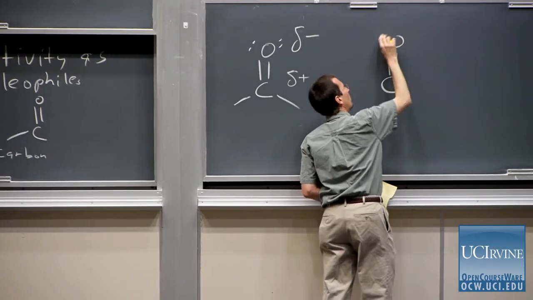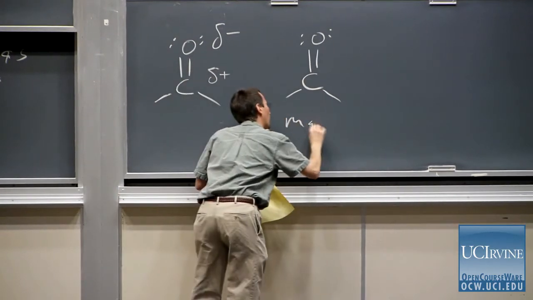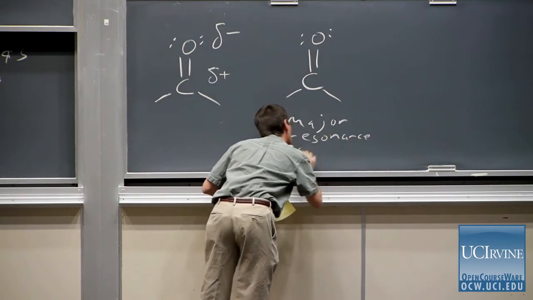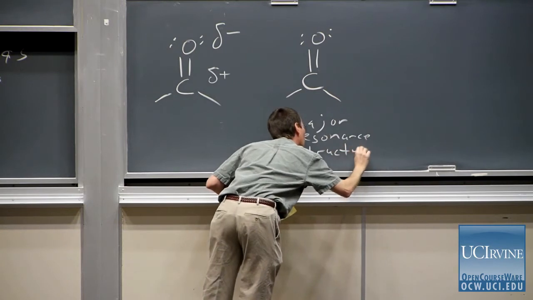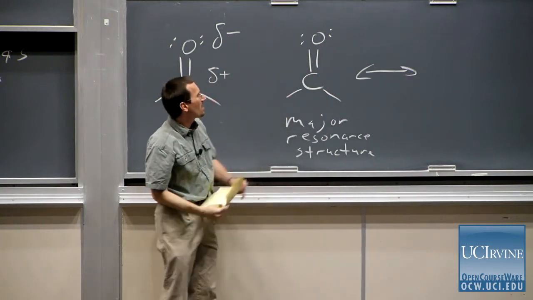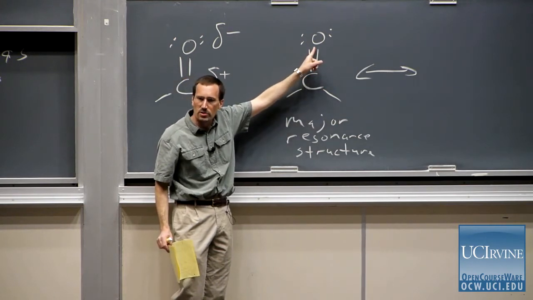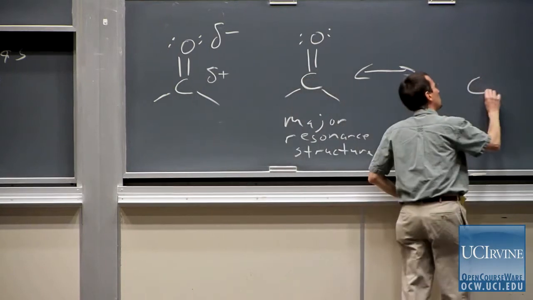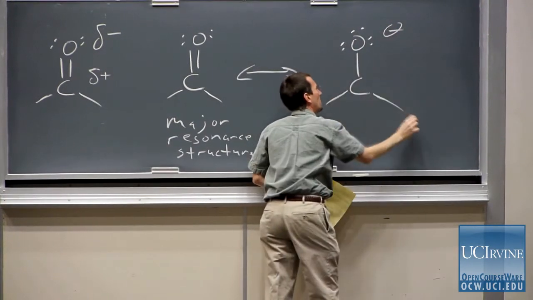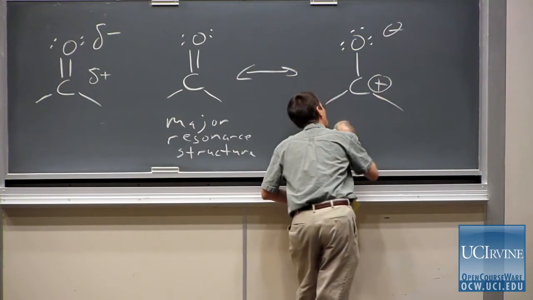And so we can think of the carbonyl group as having a major resonance structure, and also a minor resonance structure in which instead of having a double bond and a complete octet for carbon and a complete octet for oxygen, we can represent the minor resonance structure as having a single bond with a full negative charge on oxygen and a full positive charge on carbon.